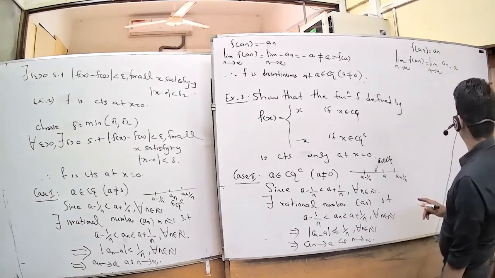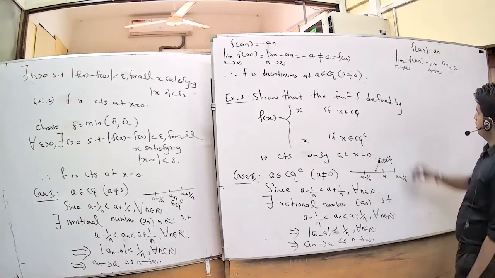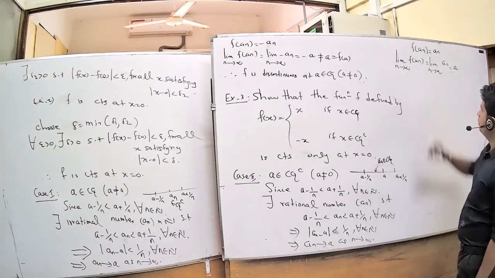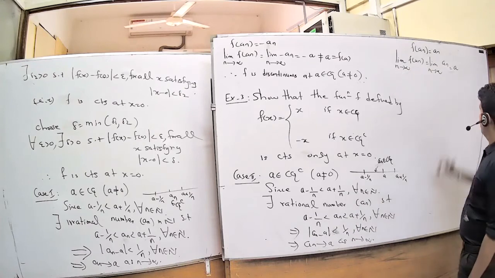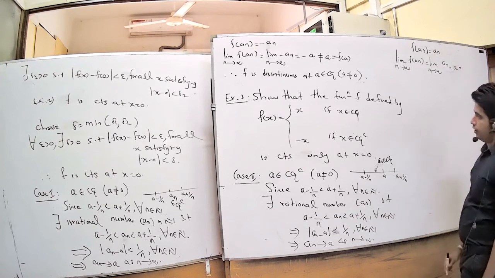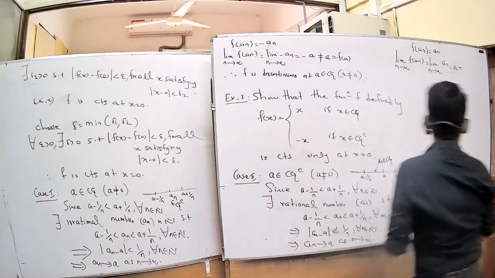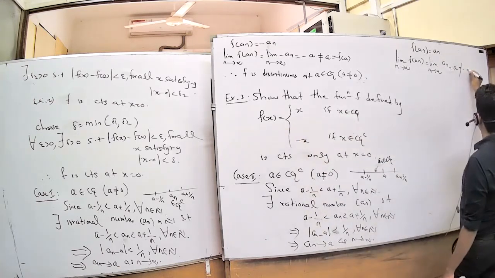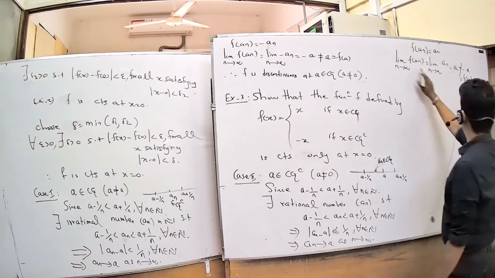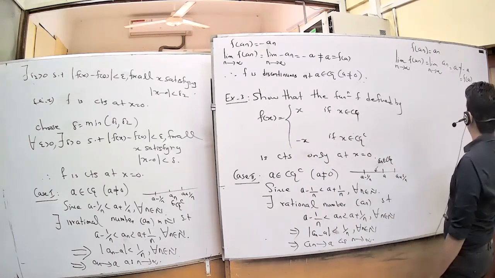But for a continuous function, this limit should equal f of a. Your f of a value: a belongs to the irrational numbers, therefore f of a means minus a. Therefore, the limit a is not equal to minus a, which is f of a. If equal, it is continuous; if not equal, discontinuous.